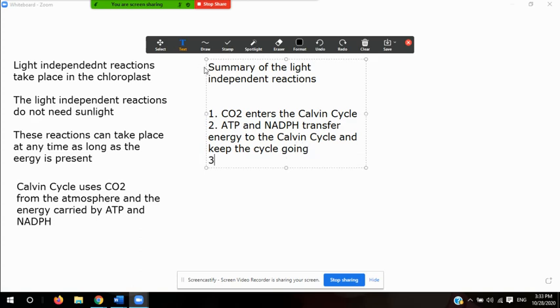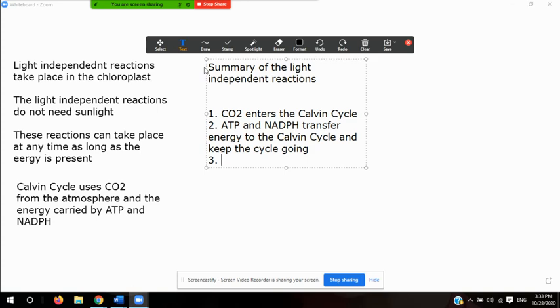The third step is that one high energy 3-carbon molecule is made for every 3 molecules of carbon dioxide.